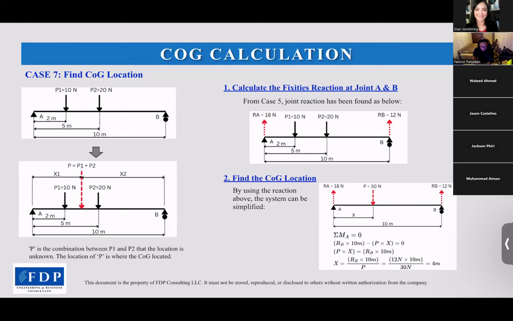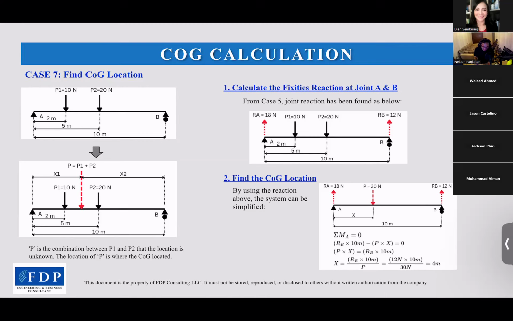To understand the combined COG, we combine P1 and P2, but we don't know exactly the location of the combination of P1 and P2, that is the combined COG. So P is the combination of P1 and P2.